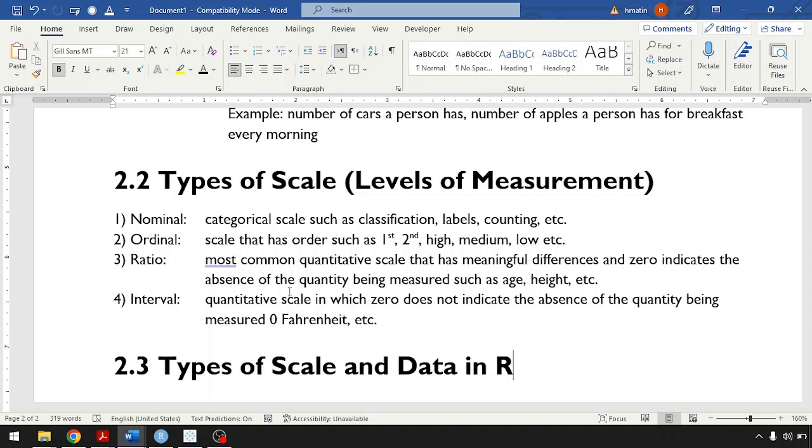Ordinal data, on the other hand, although made up of both nominal and numerical data, is the kind of data or scale that has order to it. For example, high, medium, and low, these are three nominal values. They're names, but they can have orders to them. High has a higher order than medium, and medium has a higher order than low.